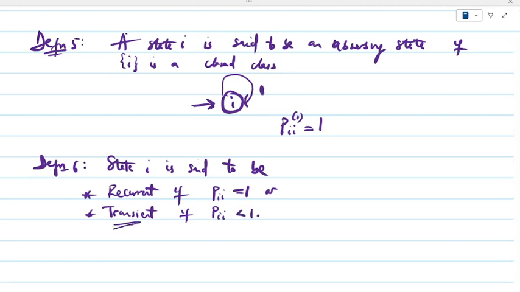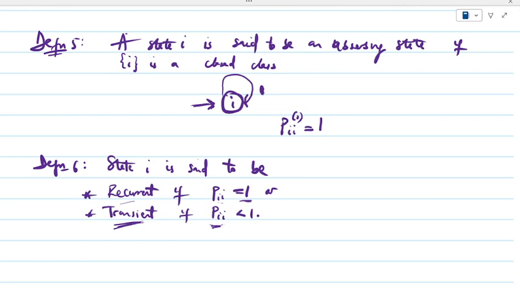So if there is a probability that you can move out from that state to another state, that is a transient state. But if the probability of moving outside from that state is 0, and the probability of moving back to that state is 1, then you have a recurrent state.